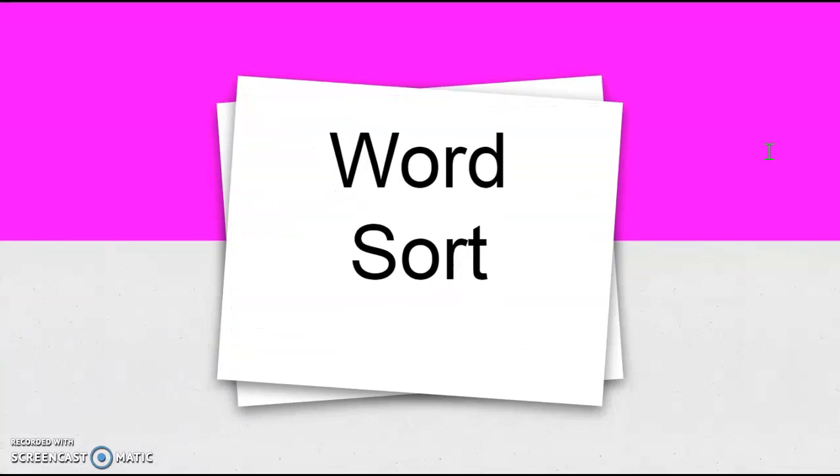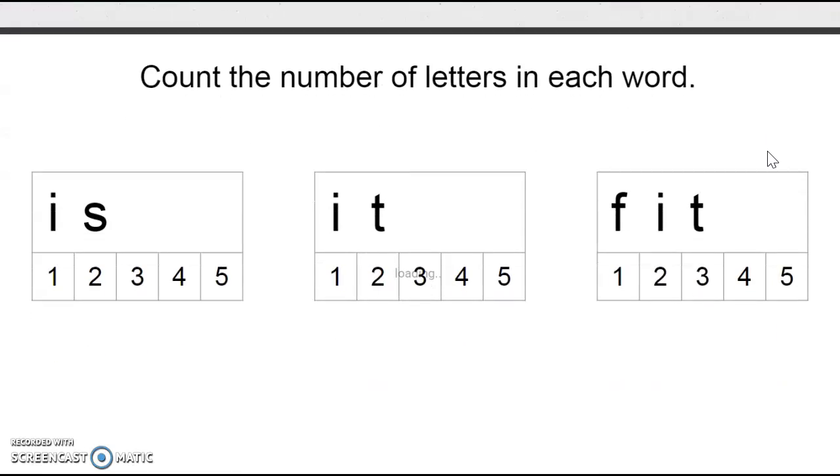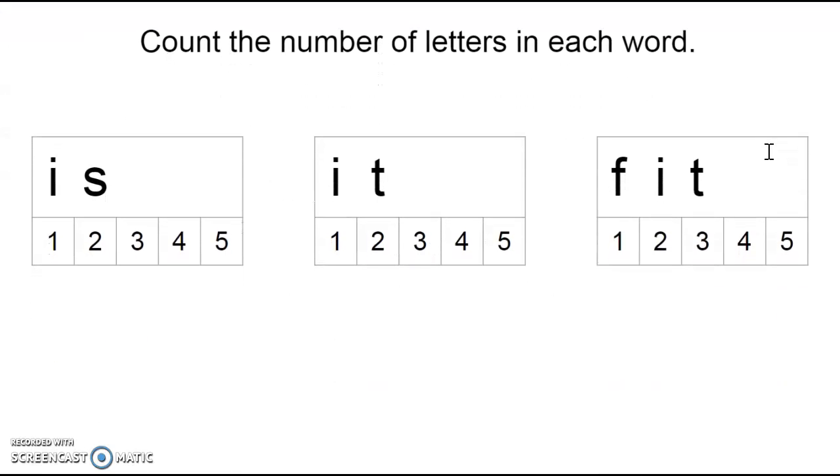Our next section is word sort. We are going to count the number of letters in each word. The first word that we have is is. Is has I-S. Let's count. 1, 2.